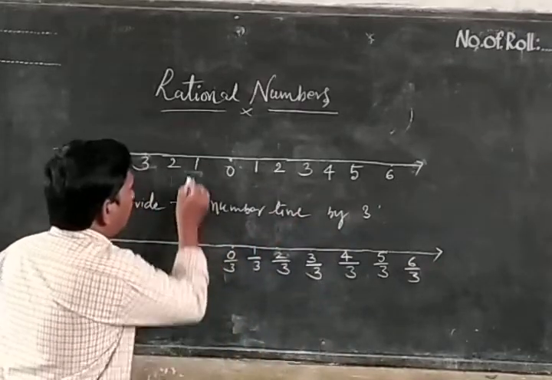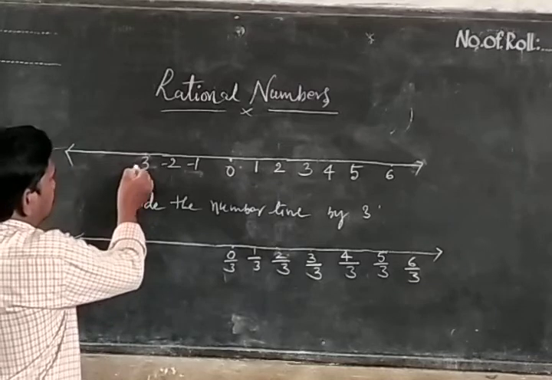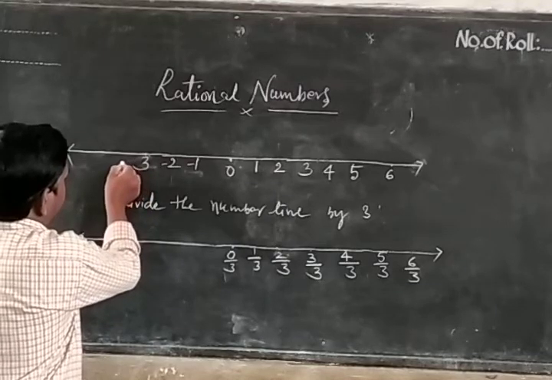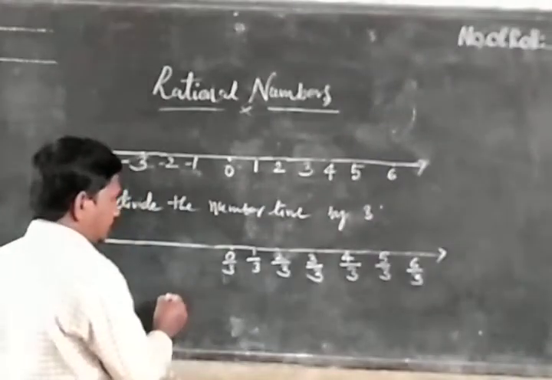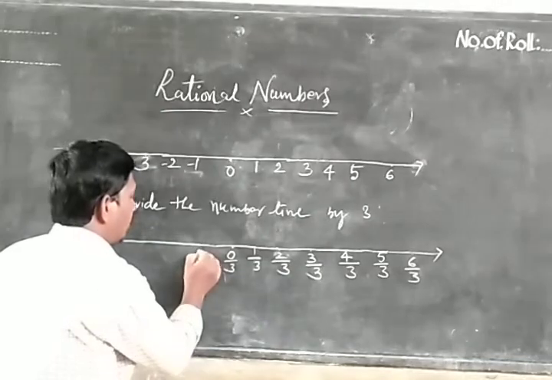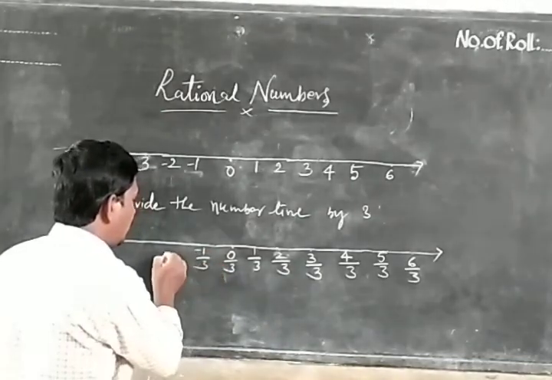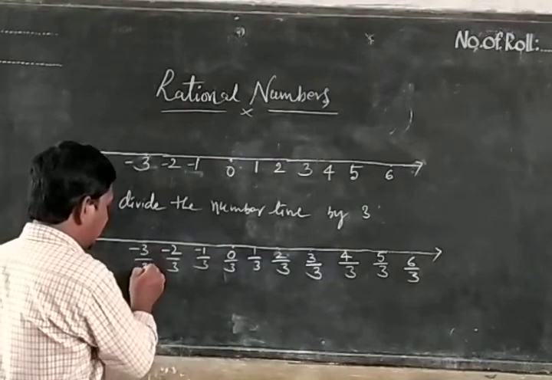Here minus 1, minus 2, minus 3. Minus 1 by 3, minus 2 by 3, minus 3 by 3.